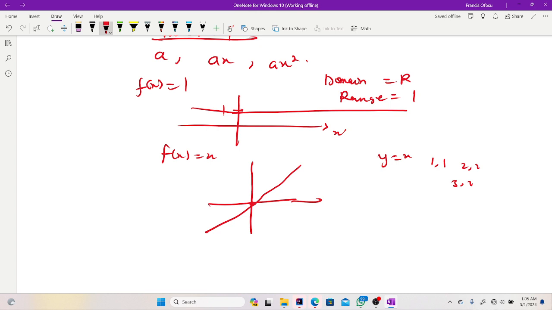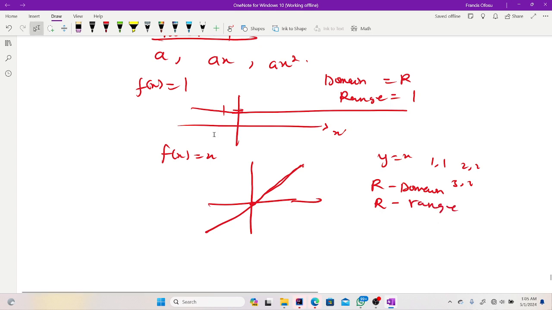It will give you a line passing through the origin with a positive gradient. If you want to find the domain of this, the domain is simply the set of all real numbers. And if you want to find the range of it, the range is also the set of all real numbers.